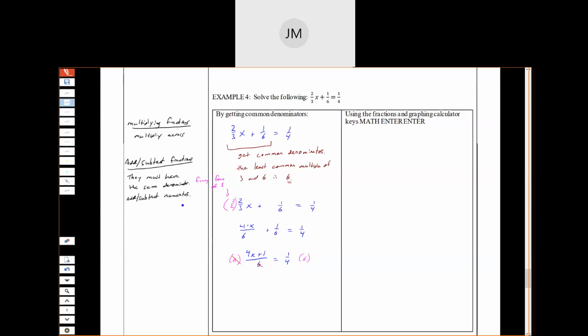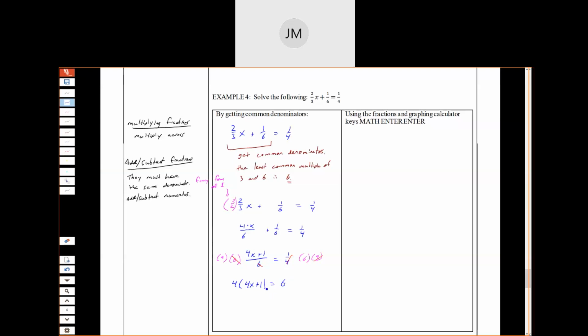And in order to get rid of the 4, I multiply both sides by 4. And 1/4 times 4, these guys will cancel. Okay. So on the left, I have 4 times 4x plus 1. And on the right, I just have 1 times 6, or just 6.